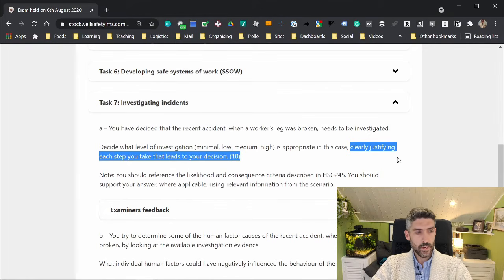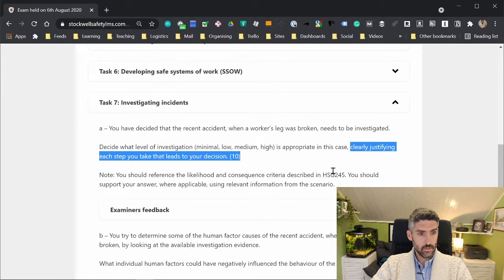It's not really about selecting the correct level of investigation, although that's obviously important, but it's more about the explanation, being able to demonstrate that we understand the factors that go into that decision.